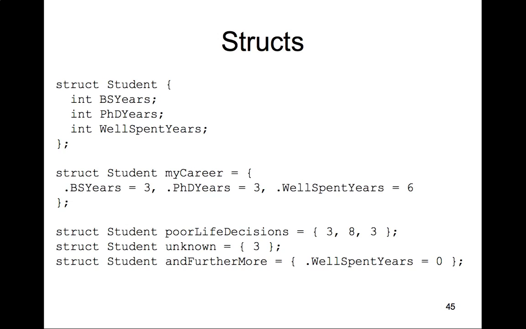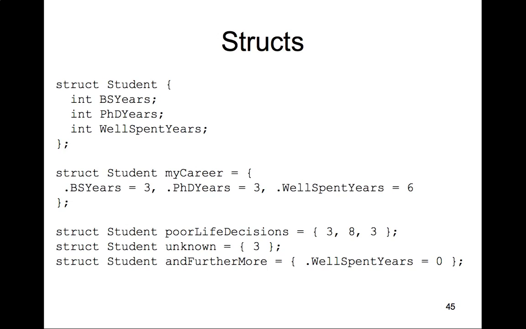But structure student, well, here's another declaration of a structure where we have structure student, my career. It's going to be equal to dot BS years is 3, dot PhD years is 3, dot well spent years is 6.